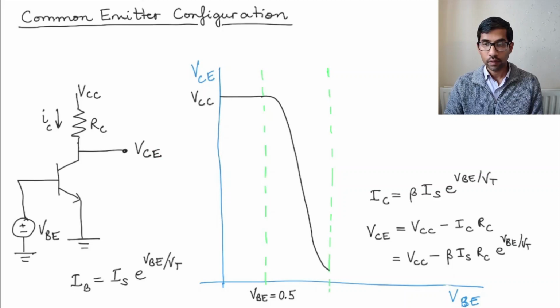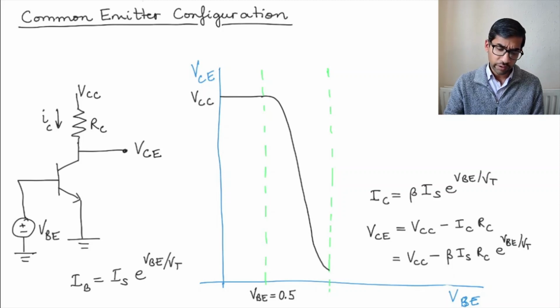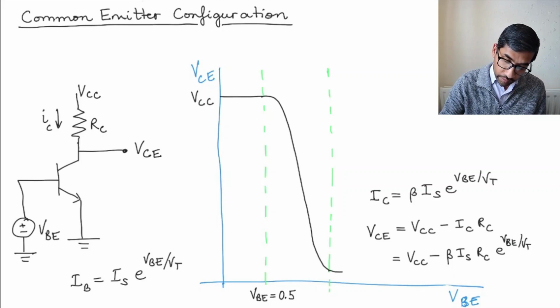Okay, and now you could think about the saturation mode. In the saturation mode, VCE is just equal to 0.2 volts, right? And therefore you can just draw this as straight here.